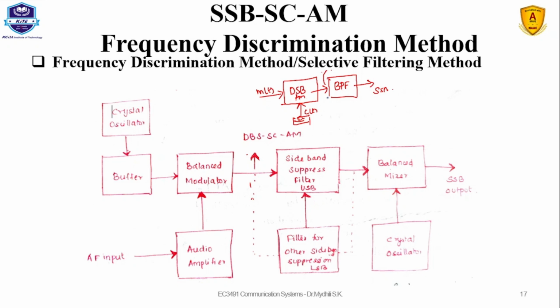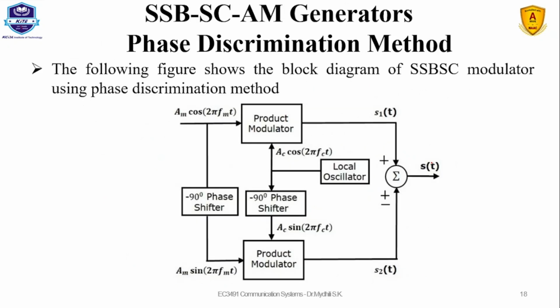So this balanced modulator produces a message signal and gives the input to the single sideband suppress filter, that is USB. Then it is given to the balanced mixer which, with the crystal oscillator, produces the single output. So we will see step by step how this is done here.